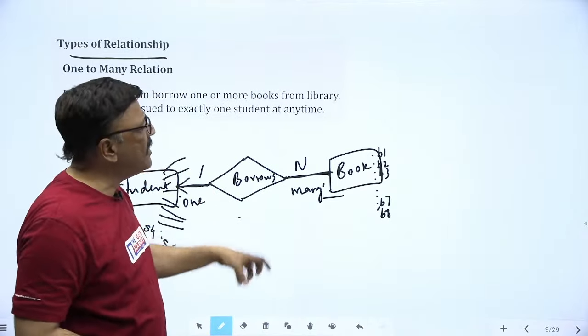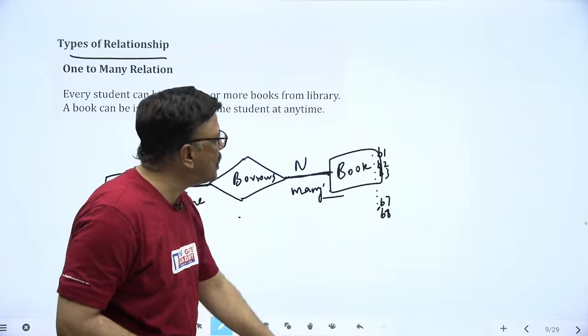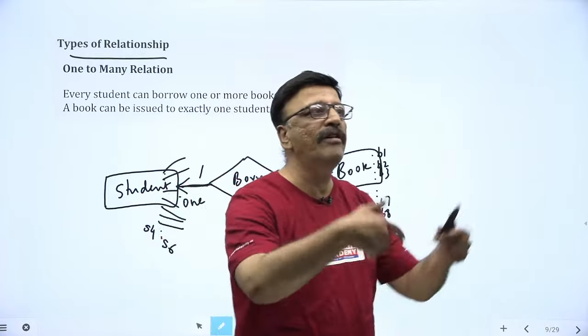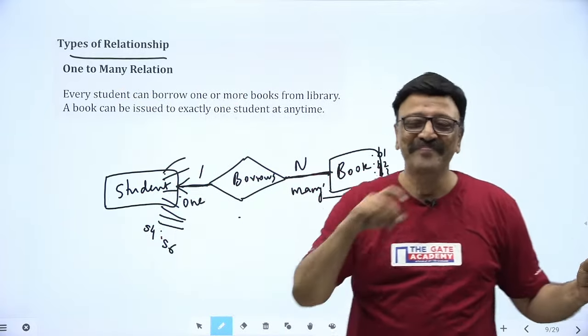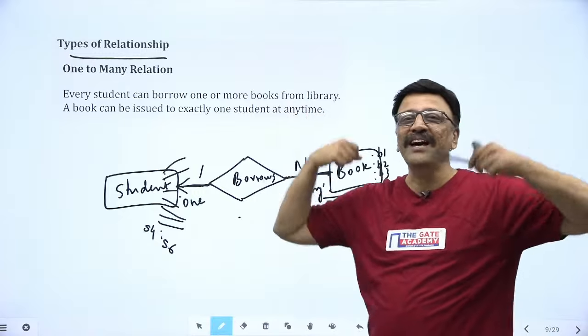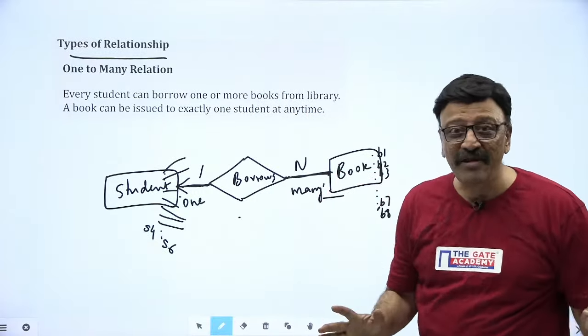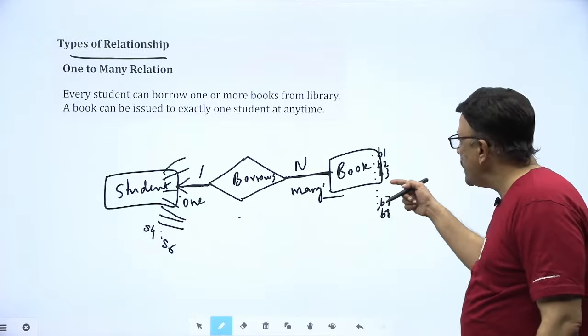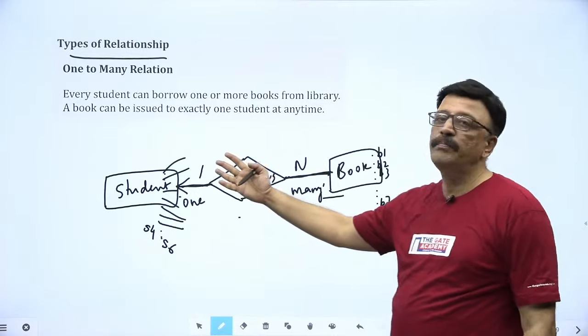That means, is it important that all the books must be taken by some students at any point of time? In that case, the library will be vacant. There won't be any books. Today you bring books, they are already issued to all the students. It never happens. That means at any point of time you may see some books not participating in the relation.